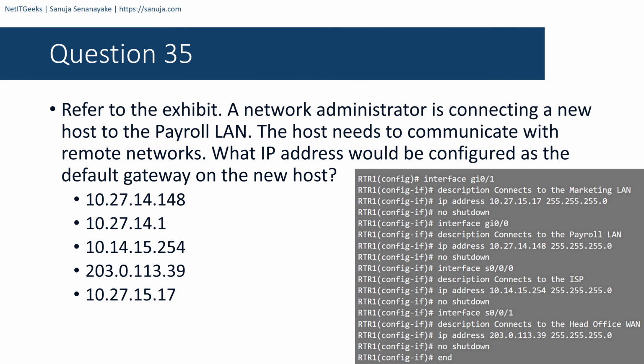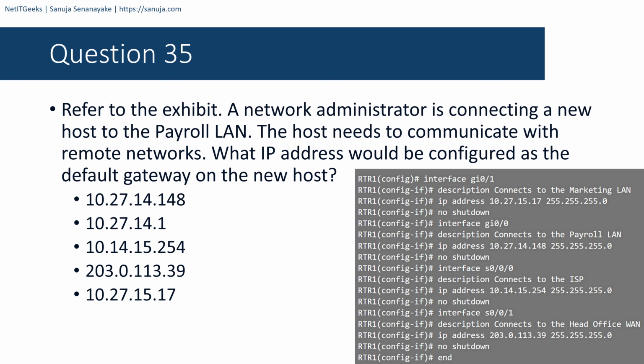Question number 35. Again, we have an exhibit, a screenshot of a Cisco configuration on the bottom right-hand side. Based on this screenshot, the question is: a network administrator is connecting a new host to the payroll LAN. The host needs to communicate with the remote networks.